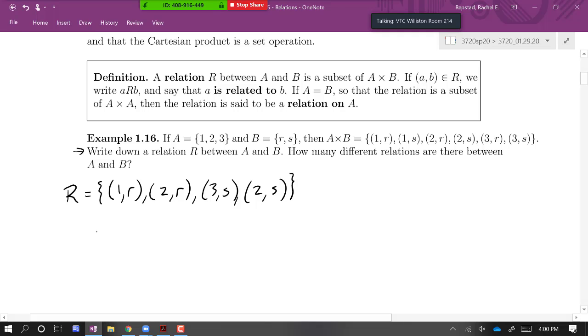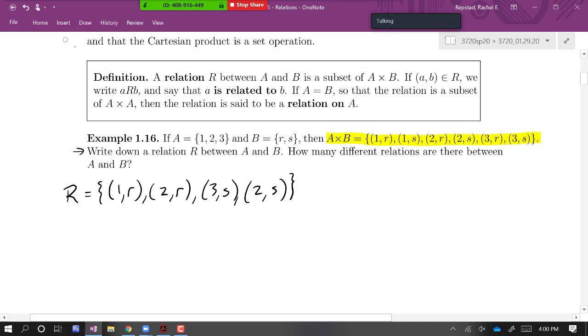Not 2 to the 4th. How big is the Cartesian product? That's R, right? R is the Cartesian product? No, R was the relation that I just sort of picked out of thin air. And I picked it by taking a subset of the Cartesian product, A cross B. So the Cartesian product is this right here.